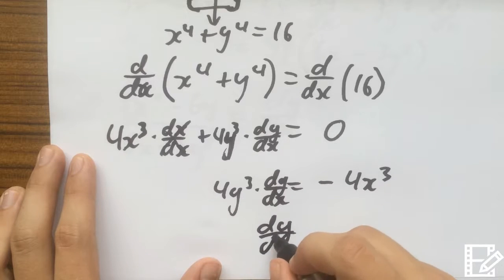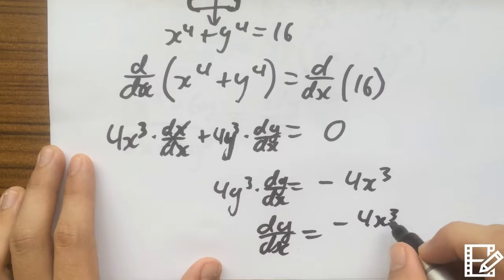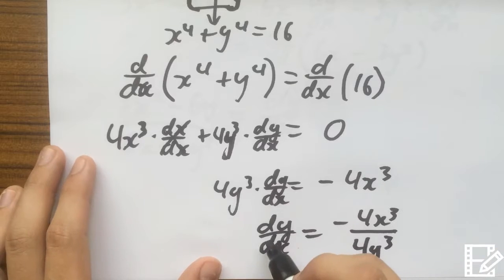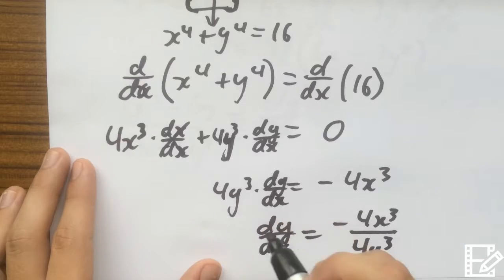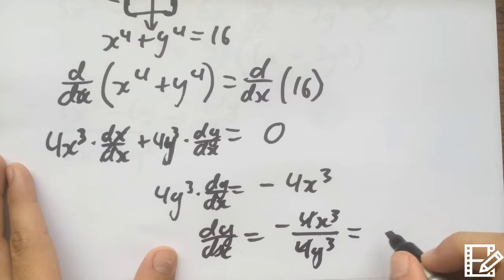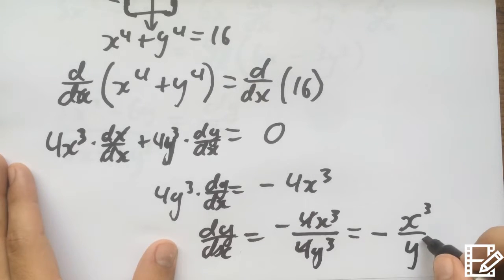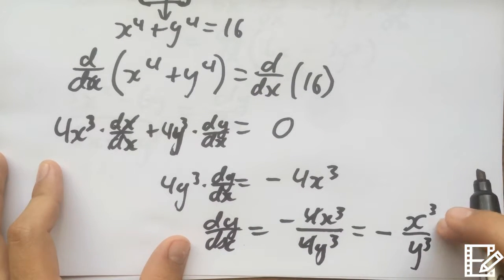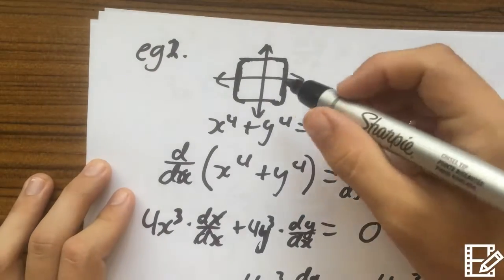And to isolate dy dx on its own, we have negative 4x to the power of 3 over 4y to the power of 3, because we're going to divide both sides, which will cancel this out and bring it over to this side on the bottom. And we can cancel out the 4's, and we'll be left with a negative fraction, x to the power of 3 on y to the power of 3. And that there, if you have an x and a y coordinate, just positions, you can find the slope at any point.